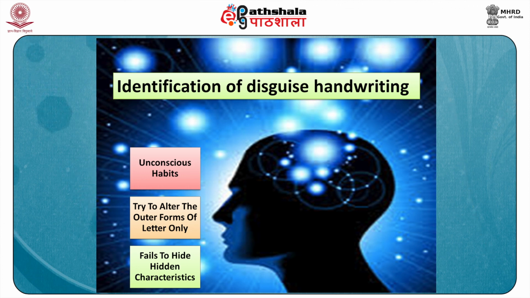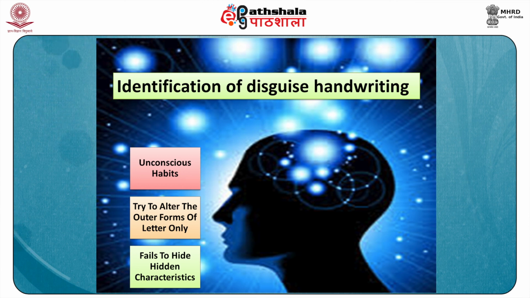attempt. In disguised handwriting, the writer tries to give an appearance as unlike his own habitual writing as possible while keeping the disguised writing legible. In imitated writing, the writer tries to reproduce as perfectly as possible the form of the handwriting of another person.